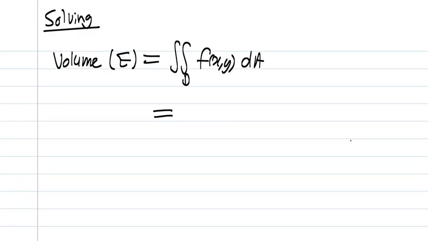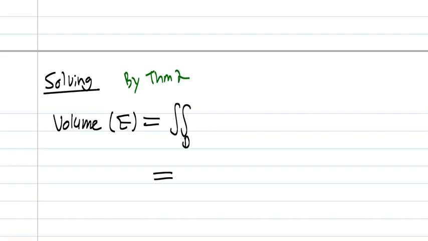And so by theorem 2, the volume of E is the double integral of f dA. Because we're using theorem 2, this will be the top curve minus the bottom curve dA.